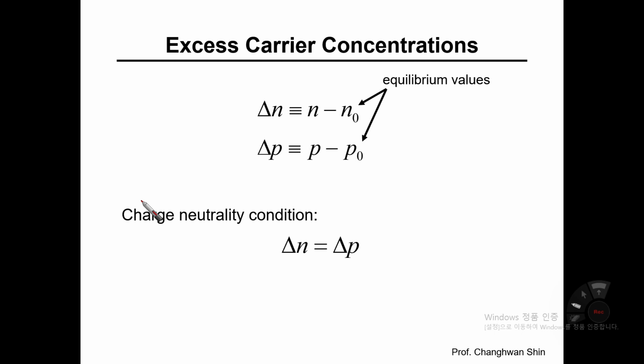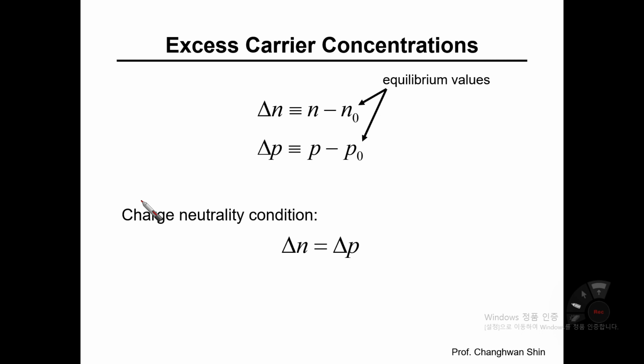Now let's take a look at another concept, excess carrier concentration. I guess this slide is the very first slide for the MS junction and PN diode junction. Excess carrier concentration is the very first step.